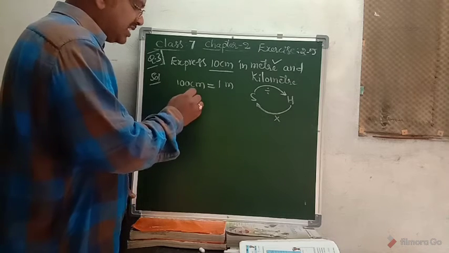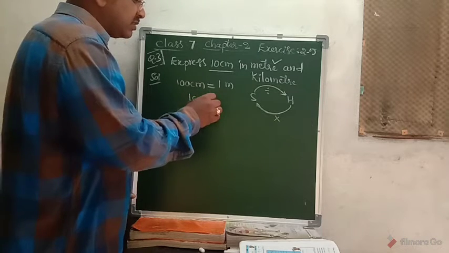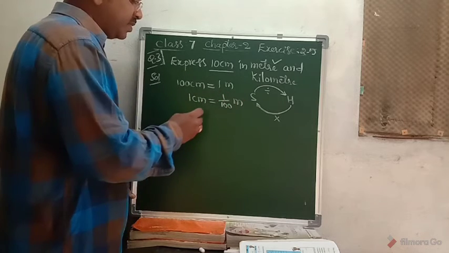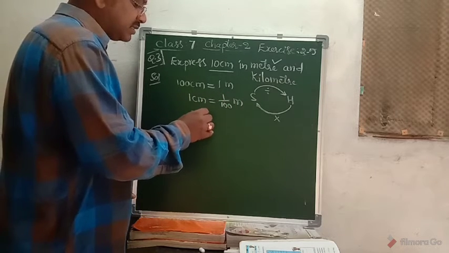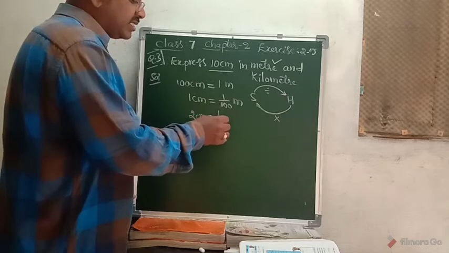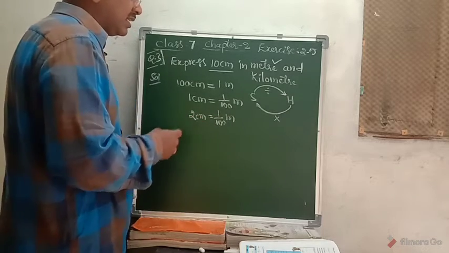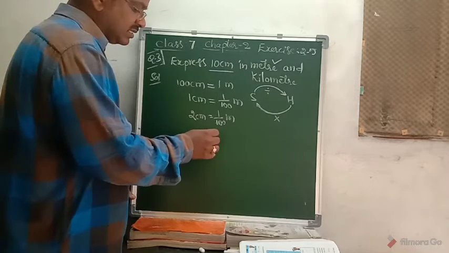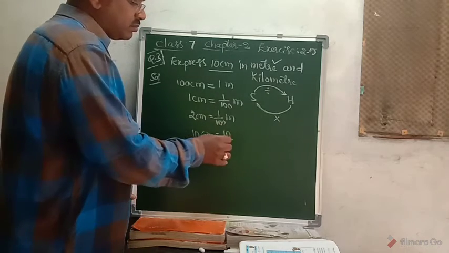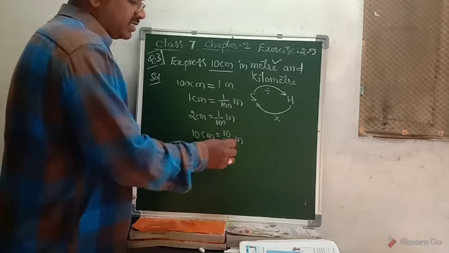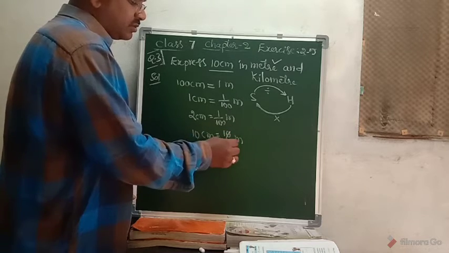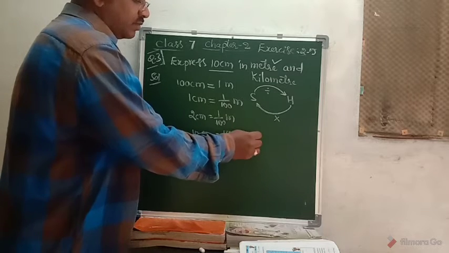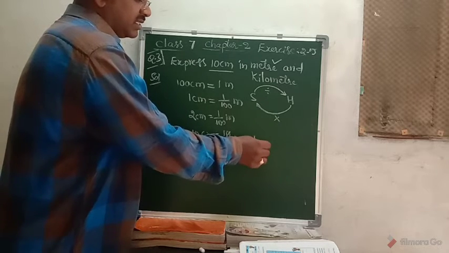So 1 centimeter is a 1/100th part of a meter, 2 centimeters is 2/100th of a meter, and in that way 10 centimeters is 10 by 100 of a meter, which is 1 by 10 meters.